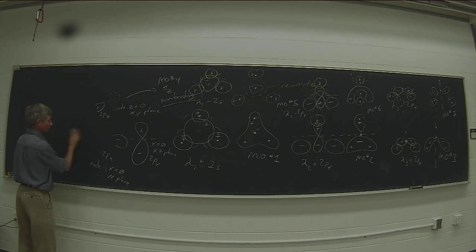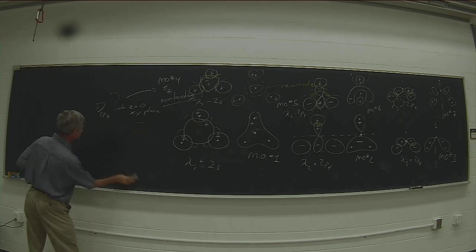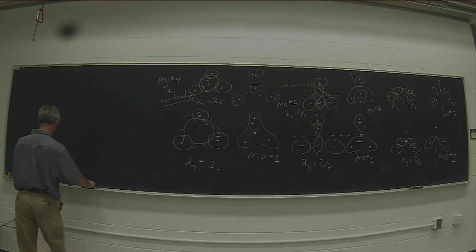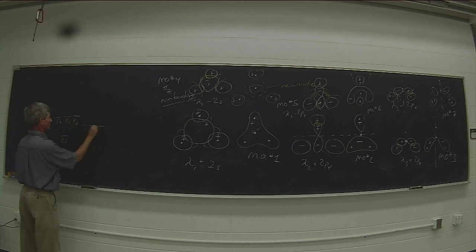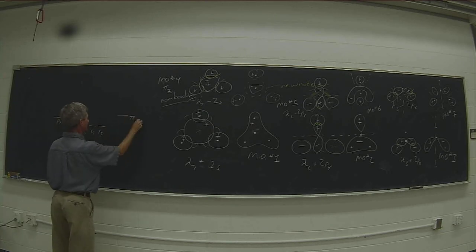Let's put that all together on an energy diagram. What we would start with is the boron 2s and px, py, and pz orbitals, and our 3 hydrogen 1s orbitals. And when we're done, we have pi z.